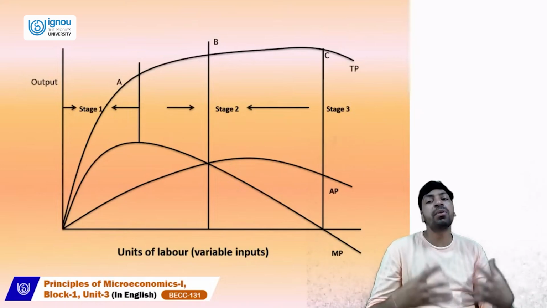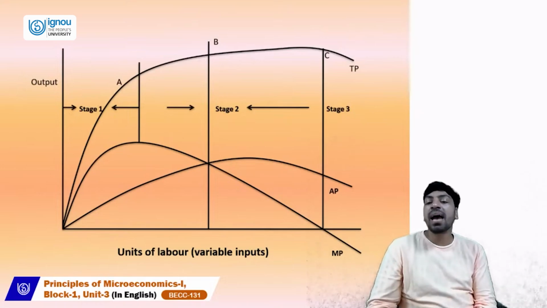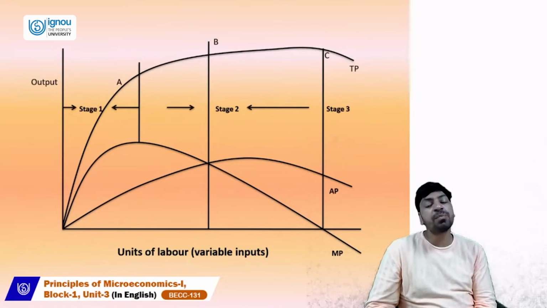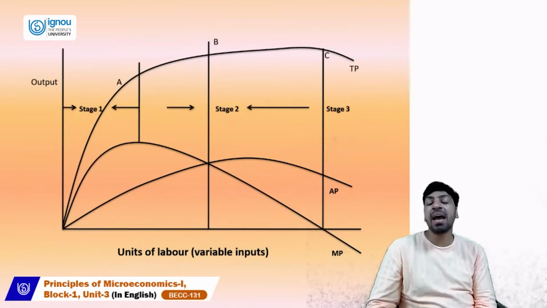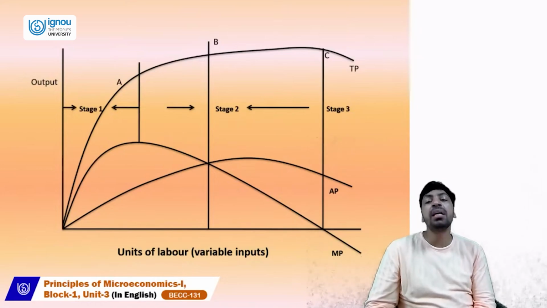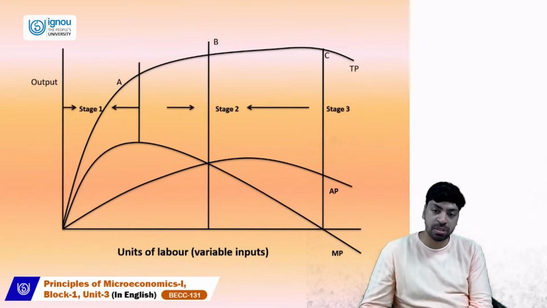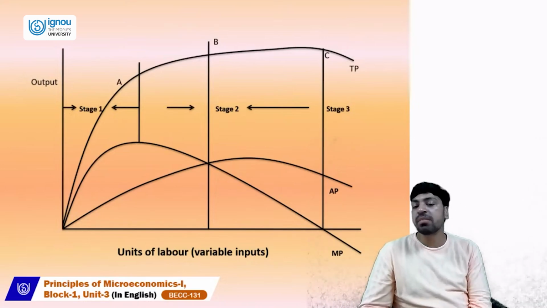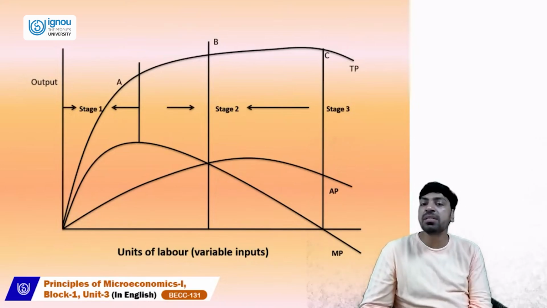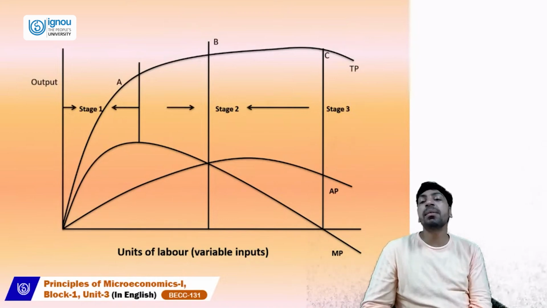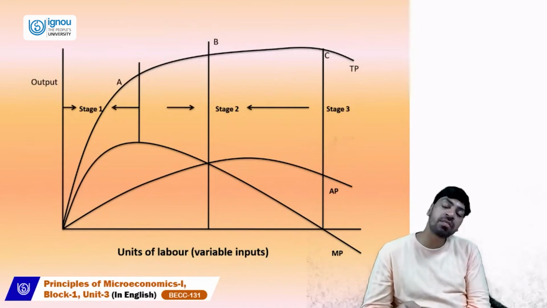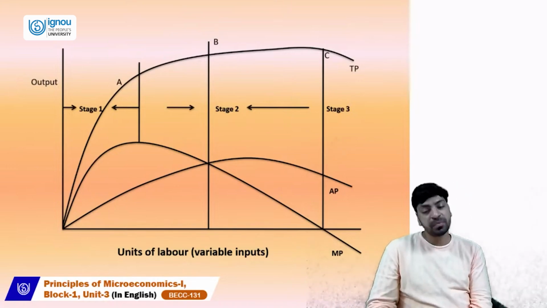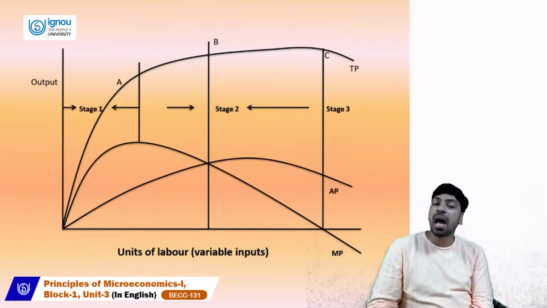that is the total production, and average product. Average product refers to total product divided by the number of inputs. Marginal product refers to the subtraction of the total product of the last unit from the total product of the next unit.